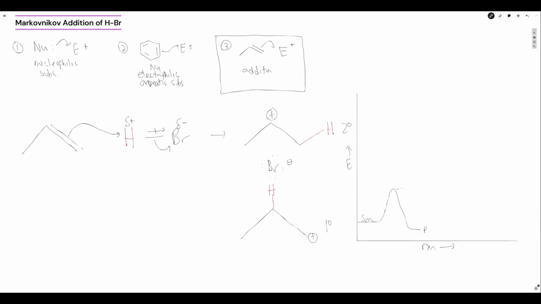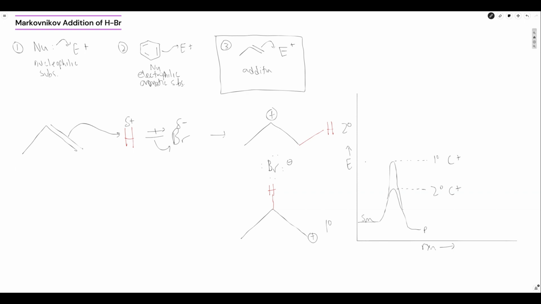And this intermediate right here is the energy level of our secondary carbocation. So we'll just put secondary C+. And let's imagine that the primary that we've proposed would be an energy level maybe right there. So the energy level of the primary carbocation is considerably higher.